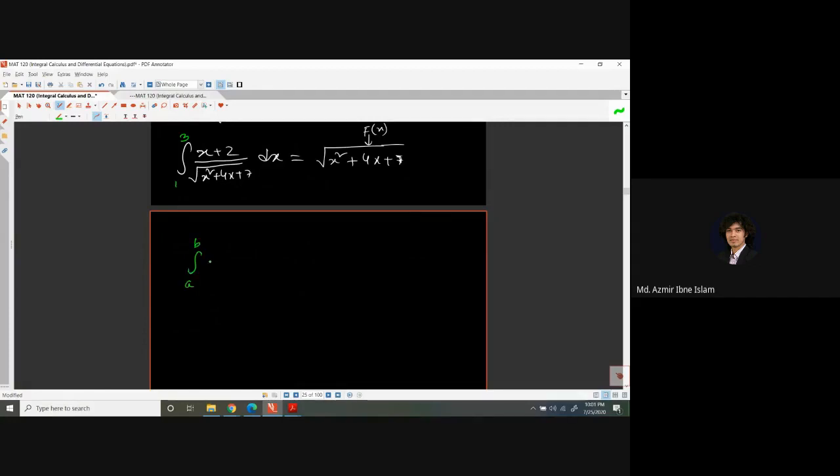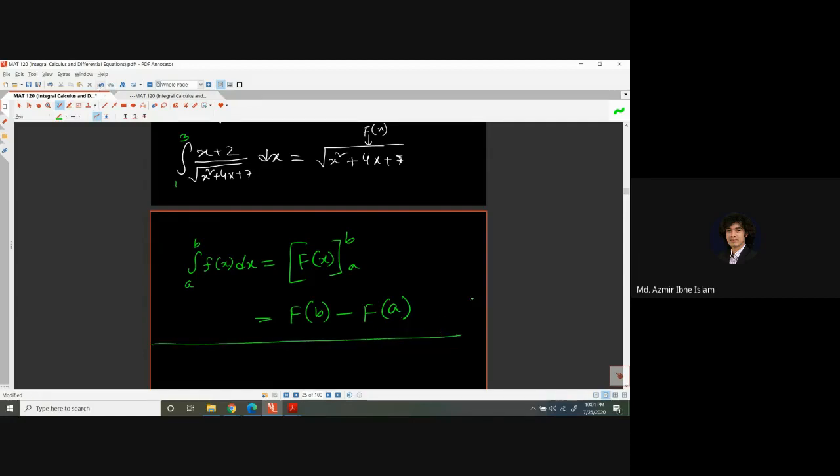Integration from x equal to a to x equal to b, f of x dx, is equal to, at first you have to find the antiderivative with upper limit and lower limit. So antiderivative at the upper limit, negative antiderivative at the lower limit. This is called the fundamental theorem of calculus.